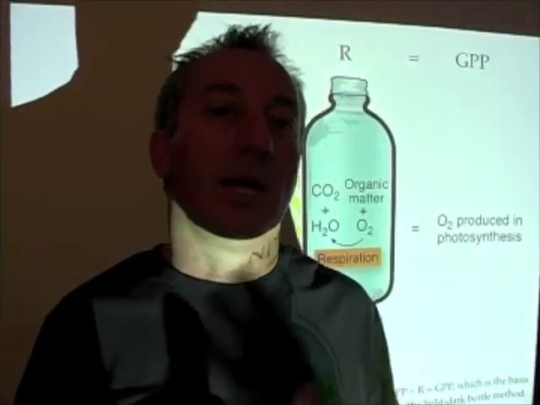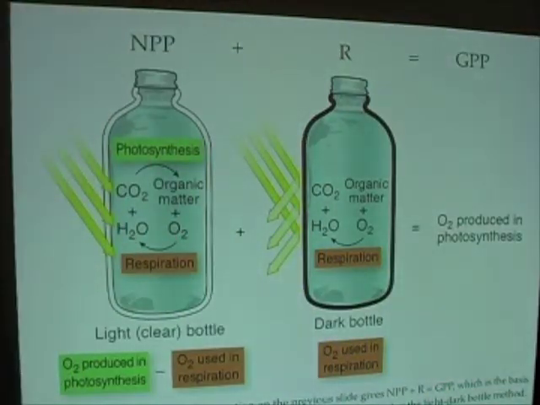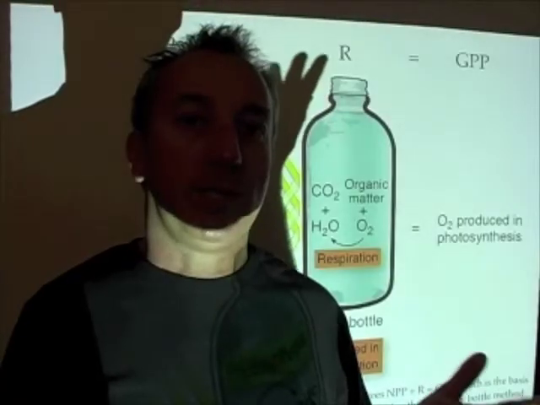Now let's play a couple mind games here. Little thought experiments. What if gross primary production was equal to respiration? What if the rate at which plants were producing oxygen was equal to the rate at which they're using oxygen? So in this case, GPP equals R. What's NPP going to be?